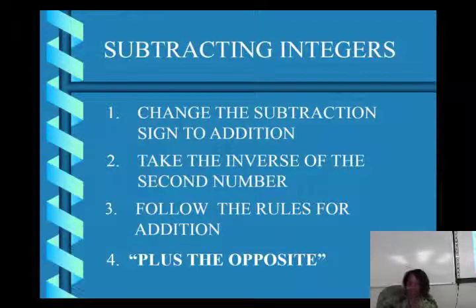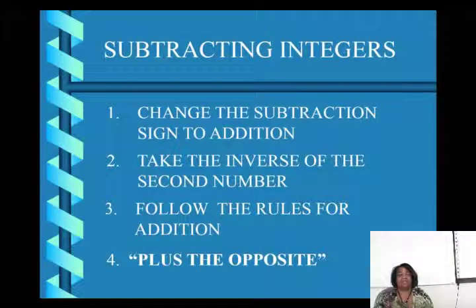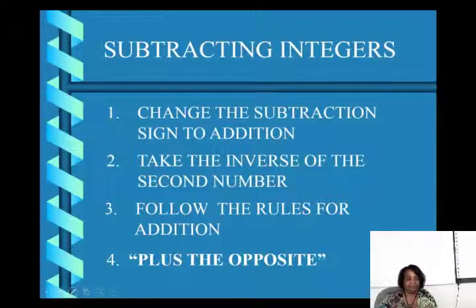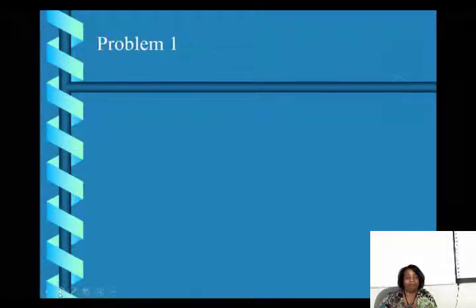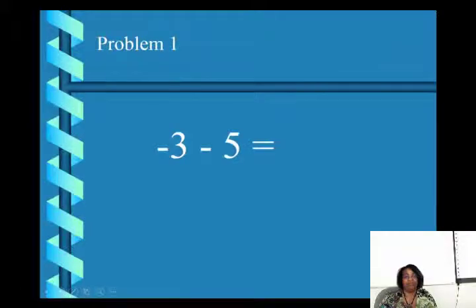And let's do a couple. You get better at this when you practice. Okay, what would I get here? If I did plus the opposite, the subtraction sign becomes plus, but that 5, what would be the opposite of 5? Negative.